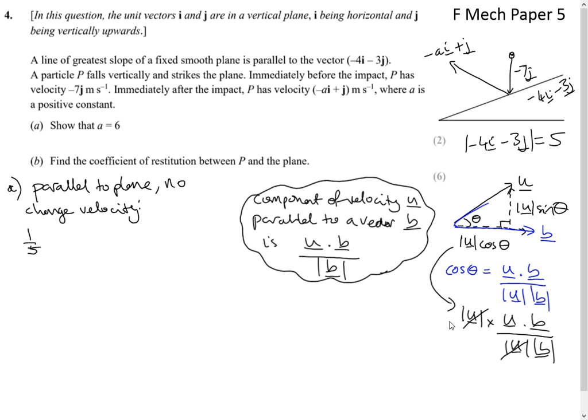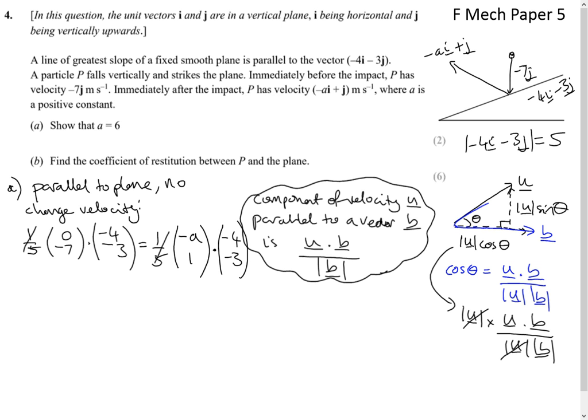So 1 over 5, and then the dot product of the initial velocity with the plane, and that has to be equal to, using this again, 1/5 our final velocity, which is -ai + j, dotted with the vector that the plane is parallel to.